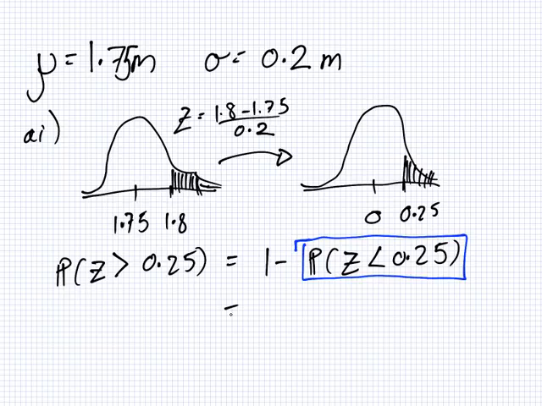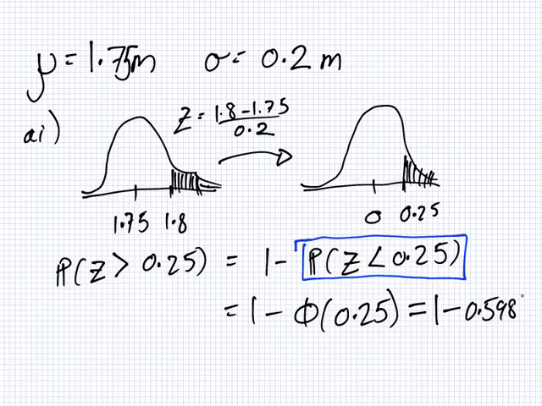So the answer is 1 minus the table book value of 0.25. What's the table book value of 0.25? 0.5987 is the table book value, yeah.